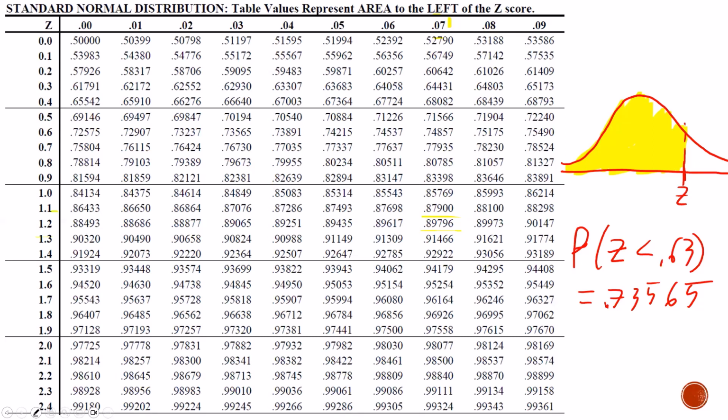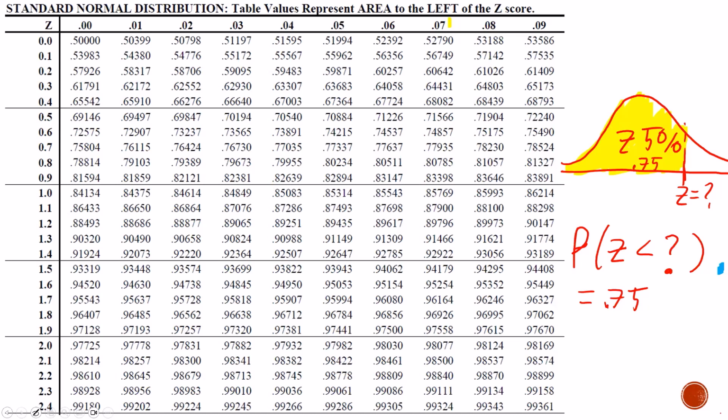So remember, the question that we are asking ourselves here is, I know this area, in this case, is 75% or 0.75. The z, I want to know what it equals, right? So I want to find out this question mark here, right?